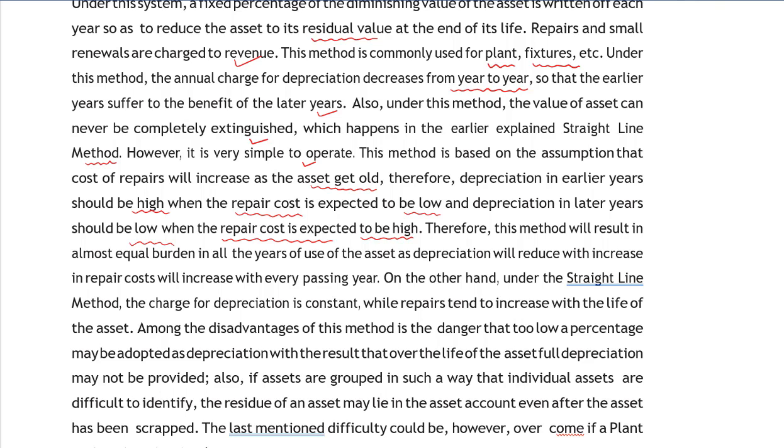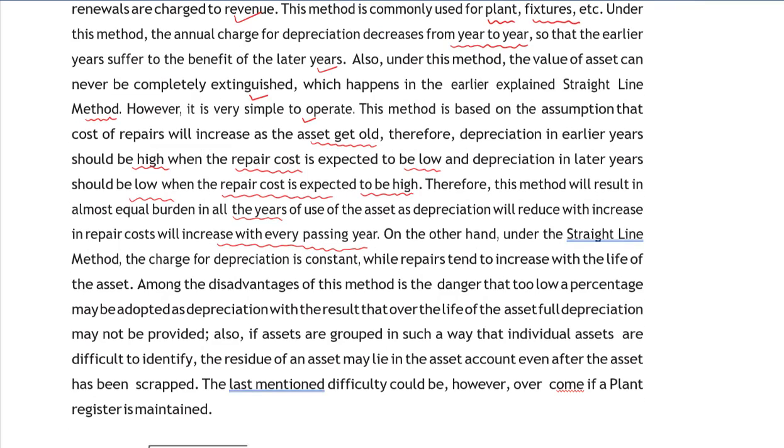I believe you understood till here. Therefore, this method will result in an almost equal burden in all the years of the use of the asset, as depreciation will reduce with increase in the repairs.